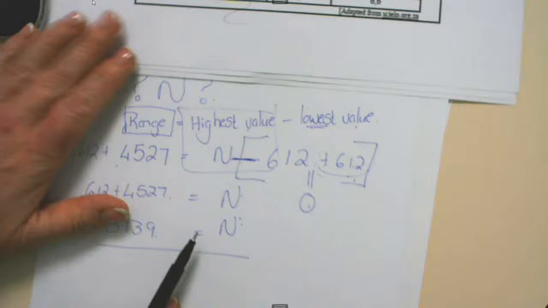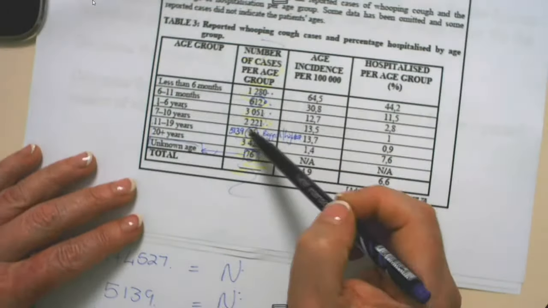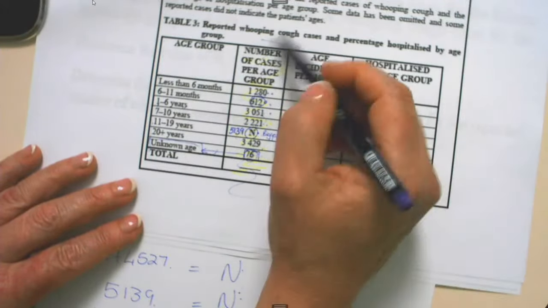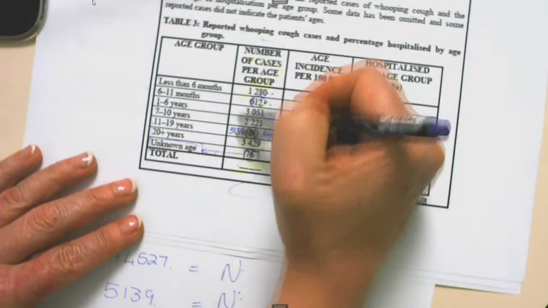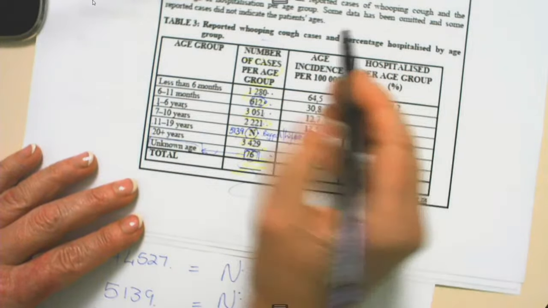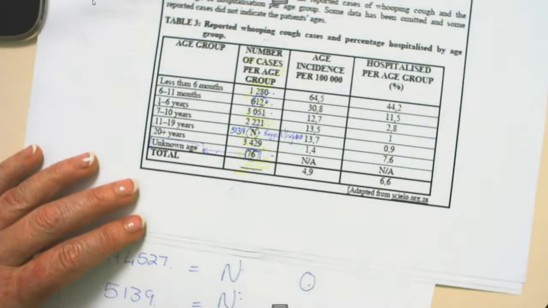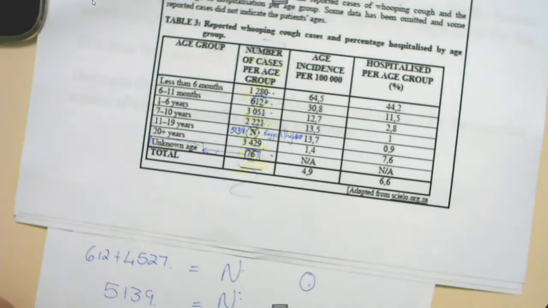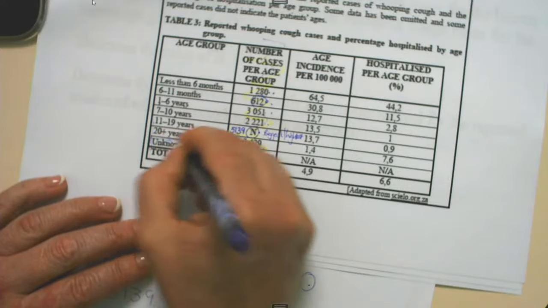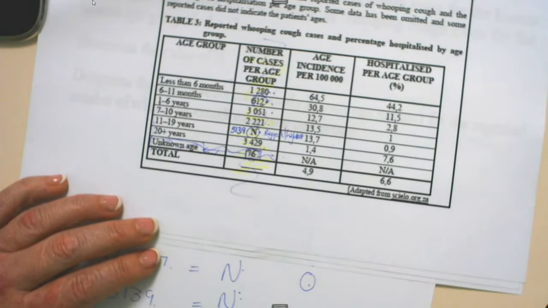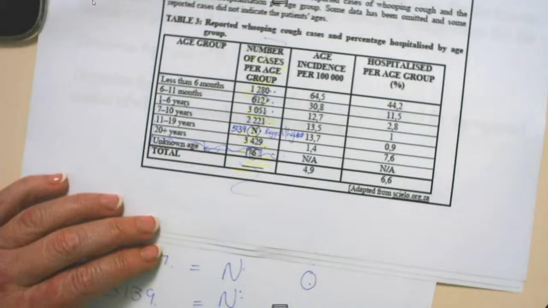I'm still busy working with this column, the number of cases per age group. Okay, I've identified the column. I am still not working with this because it is still an unknown case.